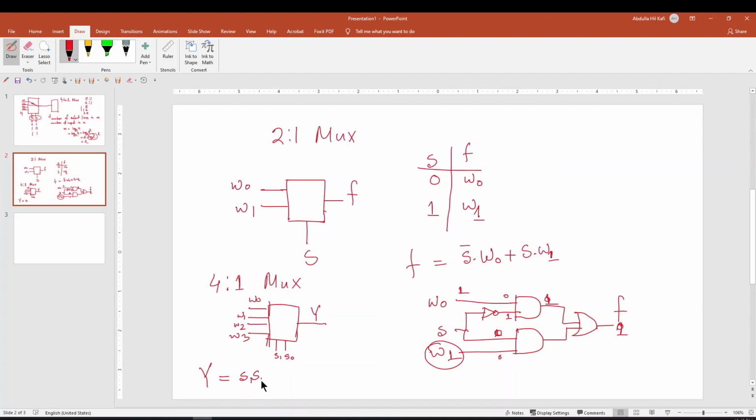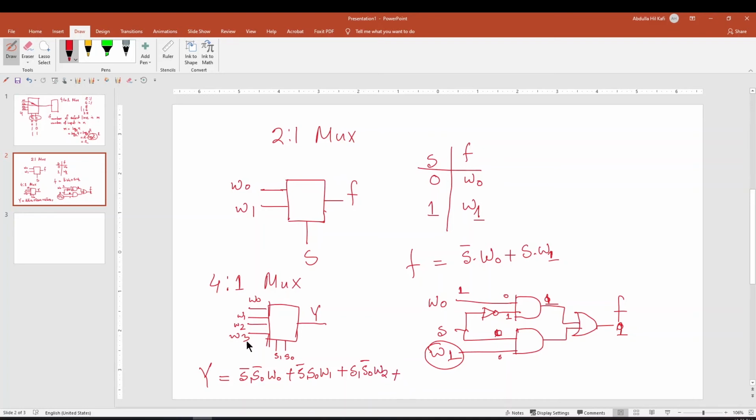S1 bar, S0 bar, and this, if both are 0, then what will be the output? W0. Or if S1 is 0 and S0 is 1, then W1 will be the output, and then if this is 1 and this is 0, then W2 will be the output.